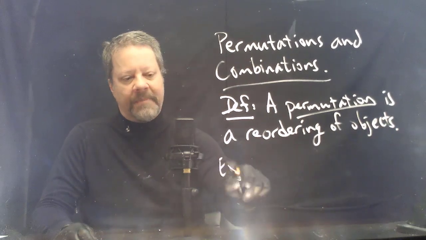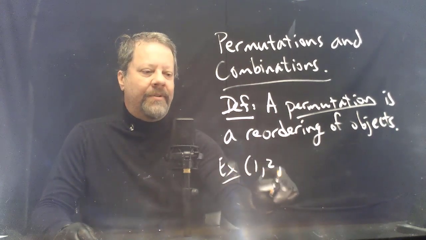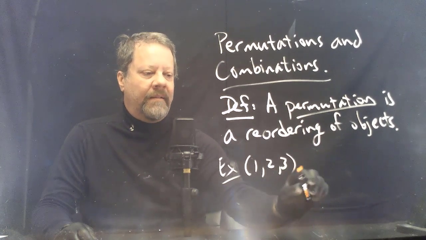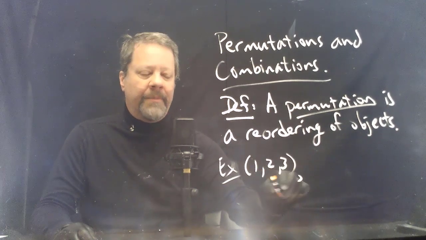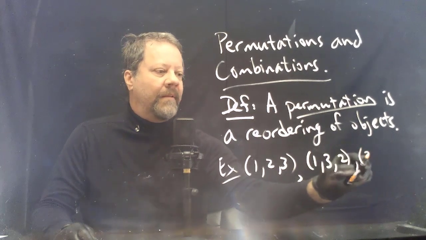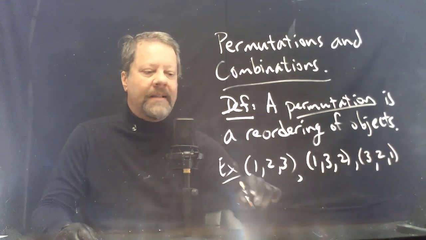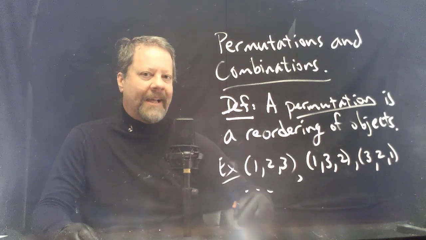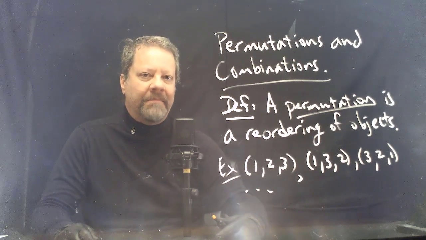For example, suppose I have 1, 2, and 3. There are a number of different permutations of these. We could have 1, 3, and 2, 3, 2, and 1, etc. We'll talk about how to count the number of permutations in a minute.